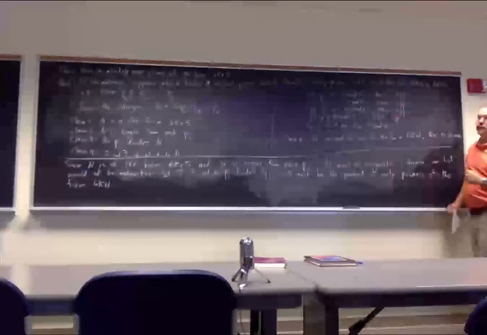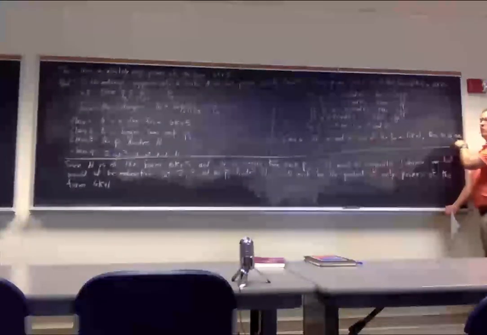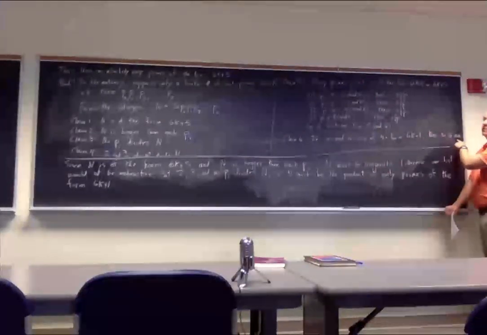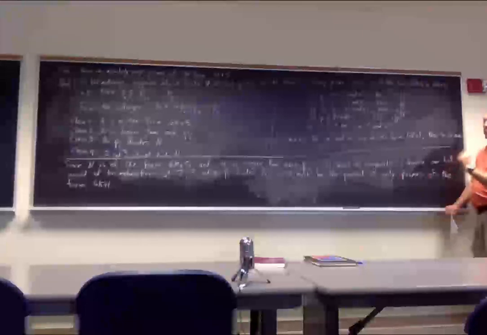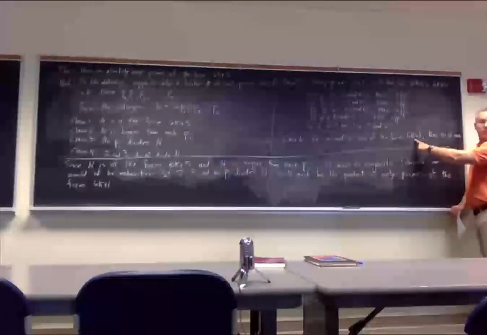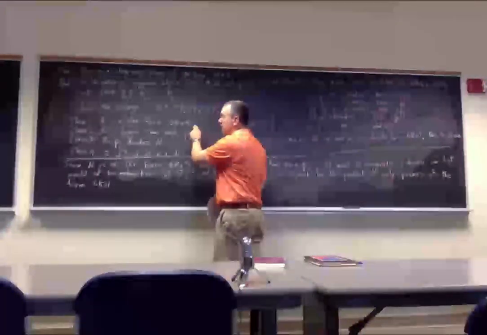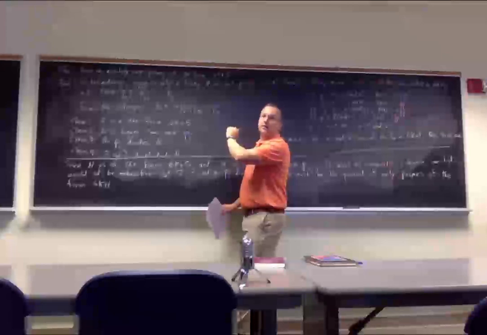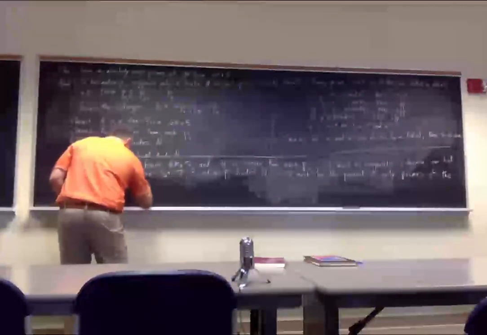But why is that a contradiction? By claim 6, it's impossible. Because if you multiply a bunch of primes of the form 6k plus 1, then the product would also be of the form 6k plus 1. That's a contradiction because we already figured out that n is of the form 6k plus 5. So this is impossible.